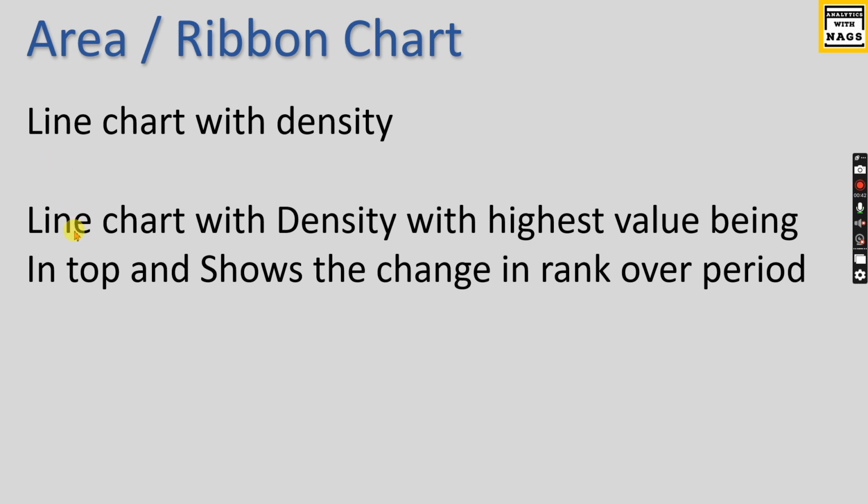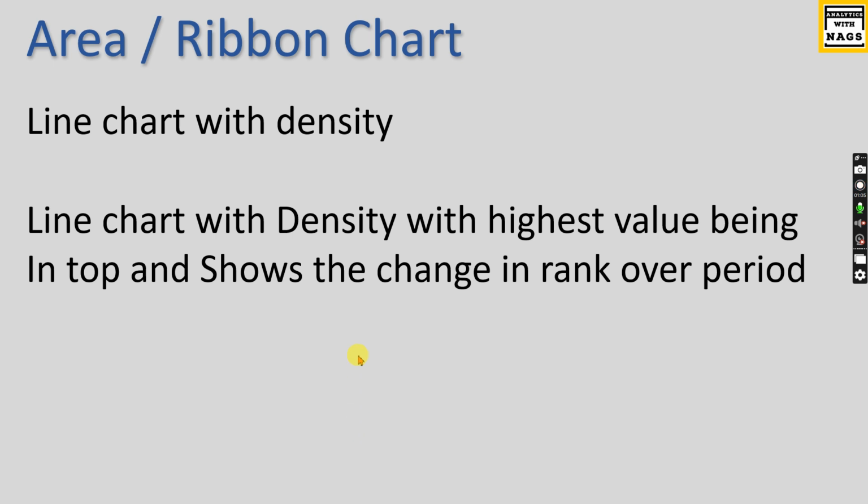So when you talk about a ribbon chart, it is kind of an area chart, but what happens in a ribbon chart is that the highest value always appears at the top. So, let's say you are comparing 2 to 3 categories, as I mentioned before, usually it will be comparing multiple categories.